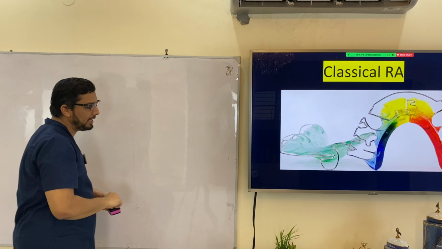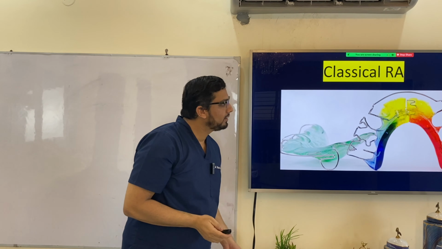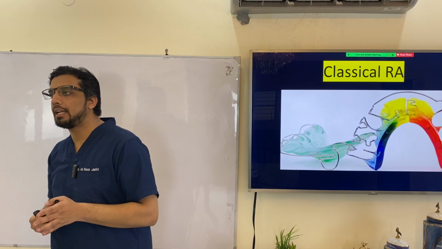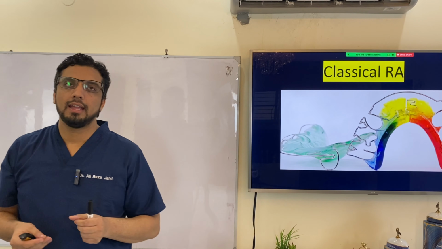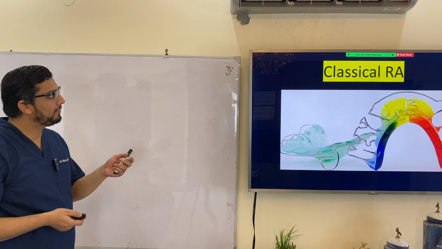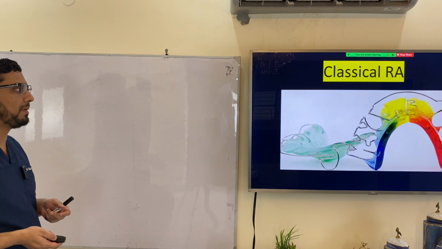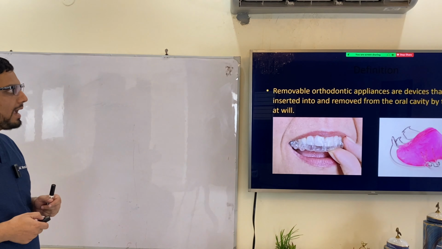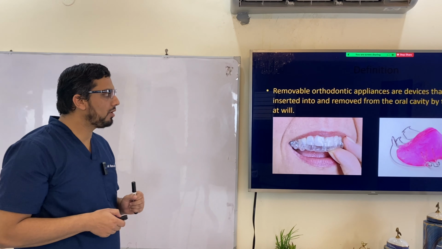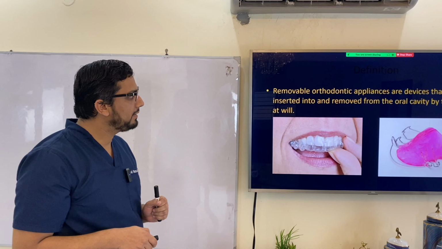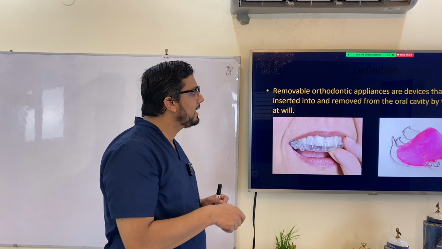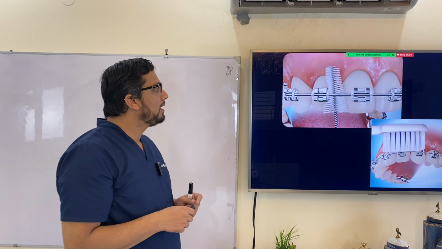Today we are going to study the indications, contraindications, advantages, disadvantages, and different components of these classical removable appliances. As I said, the definition of the removable appliances is that we can remove them from the oral cavity, and these are the classical appliances.